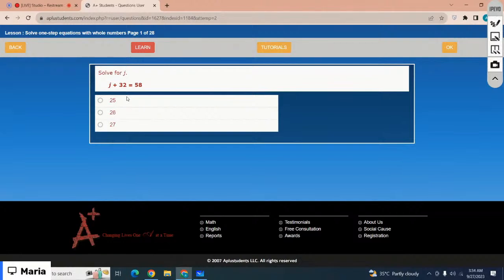The correct option is you have to subtract 32 on the other side, right? So that would be 58 minus 32 and that equals 26.